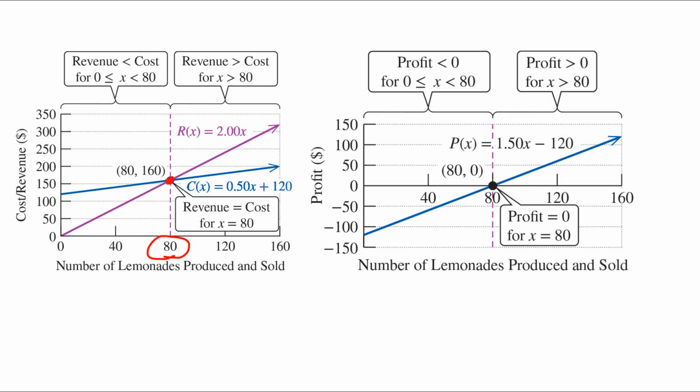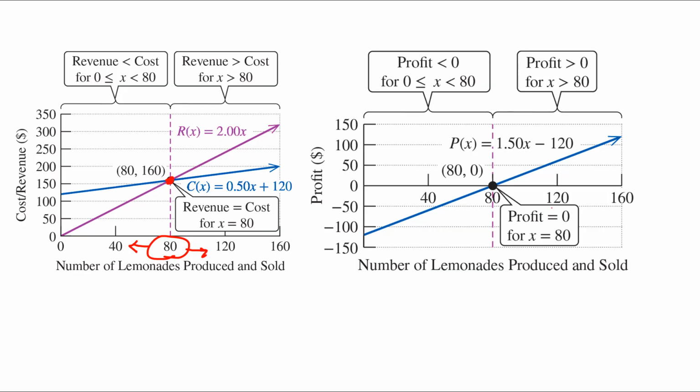That's when your revenue and your cost have the same value. Now, you can see that as you sell more than 80 cups, that revenue function is increasing above the cost function. And as you sell fewer than 80 cups, that's when your costs are above your revenue, and that's not good.